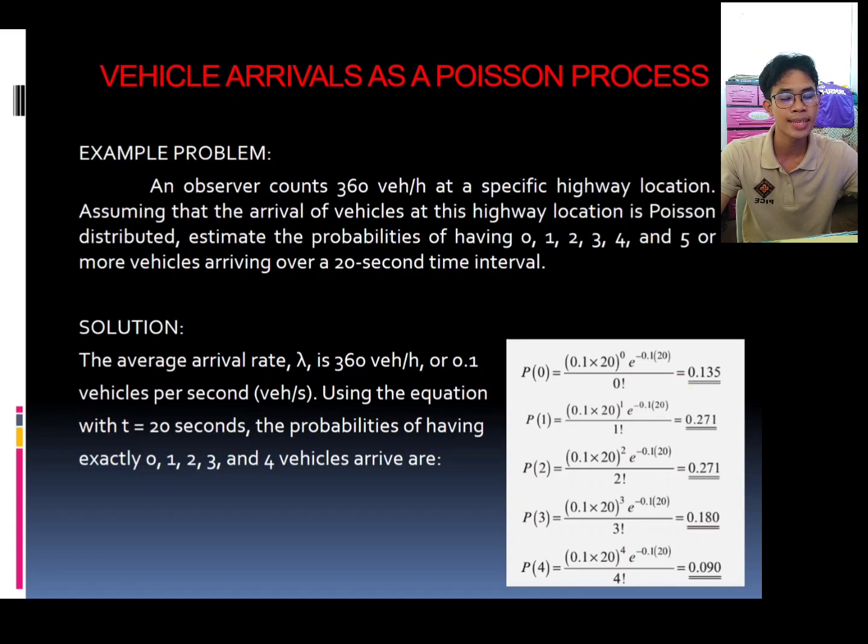Using the equation with t equal to 20 seconds, the probabilities of having exactly 0, 1, 2, 3, and 4 vehicles arrive are, as shown in the picture, P of 0 equals 0.135, P of 1 is 0.27, P of 2 is 0.271, P of 3 is 0.180, and P of 4 equals 0.090.